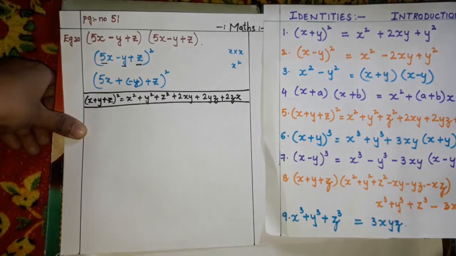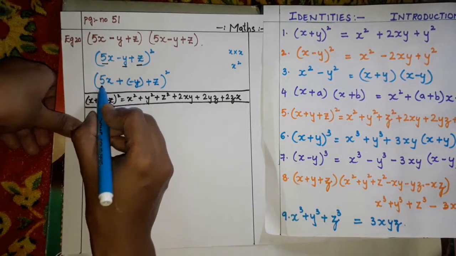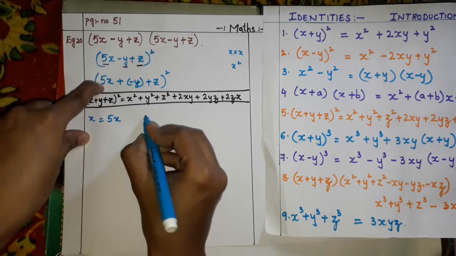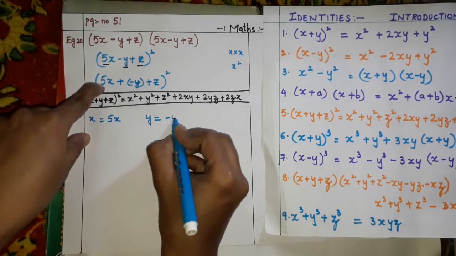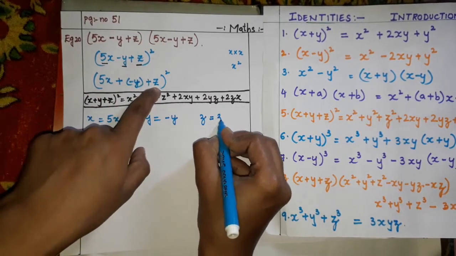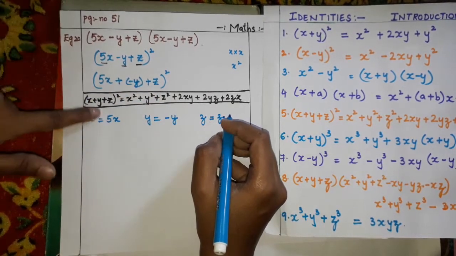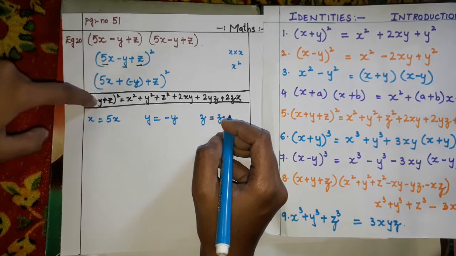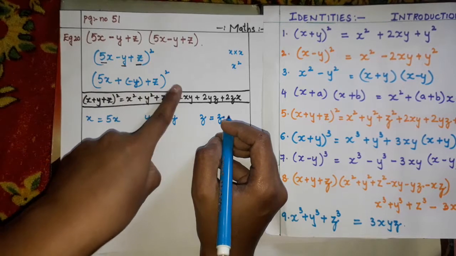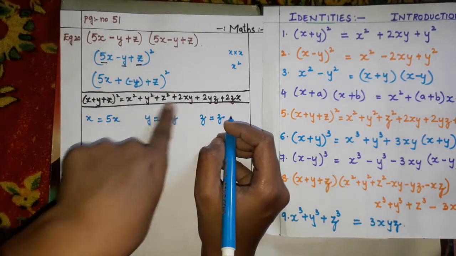Okay, now see here, what is x? x is equal to 5x. What is y? y is nothing but minus y. z, z is what children? Only z itself. Already they have given it in this form, so this is (x plus y plus z) whole square. We have to convert into this form.